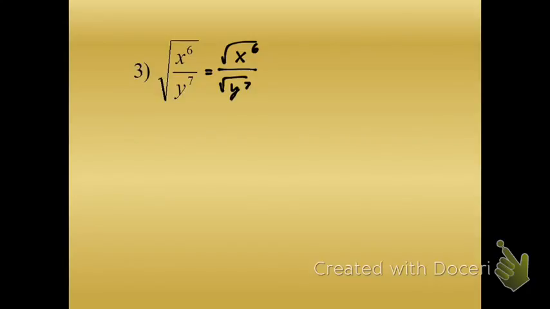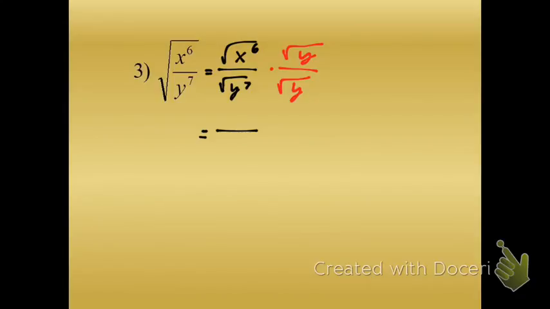So what you're going to look to do is multiply by such a square root that will allow you to take a perfect square of your denominator. In this case, it would be the square root of y. Why? Simple.